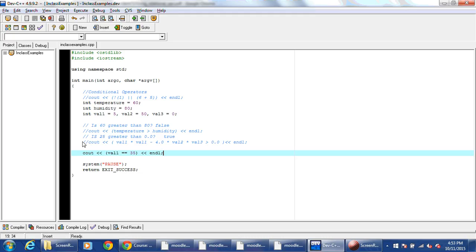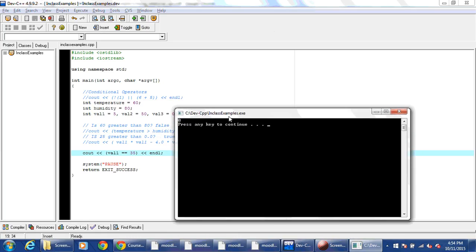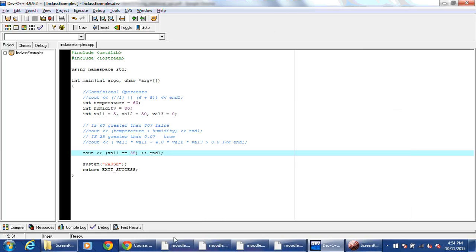And the answer is no, it's not equal to 35, right? We ask the question. Always think about this when you're doing relational operators and conditional operators. Ask the question. And logical operators. So, if I run this, it's not. It's false. 0. Okay?